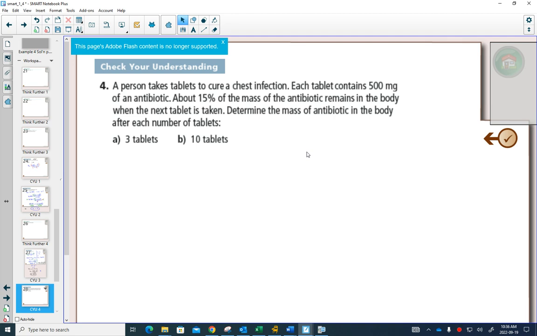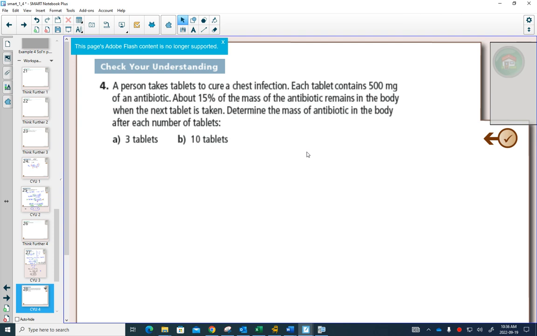So here's someone who has a chest infection, okay? They get tablets, and those tablets contain 500 milligrams of some sort of antibiotic drug, okay? Each time that you take a tablet, the doctor gives you a certain amount of time. That has all been calculated mathematically for a reason, right?